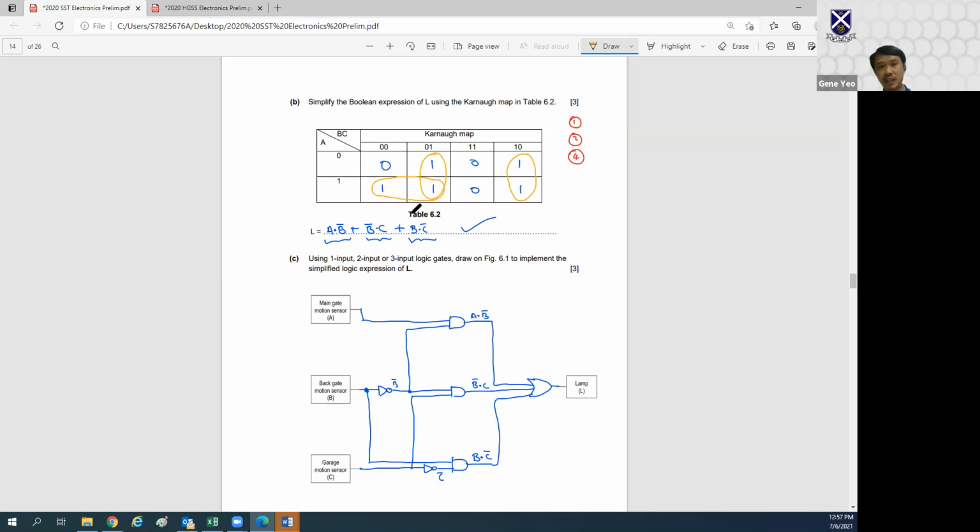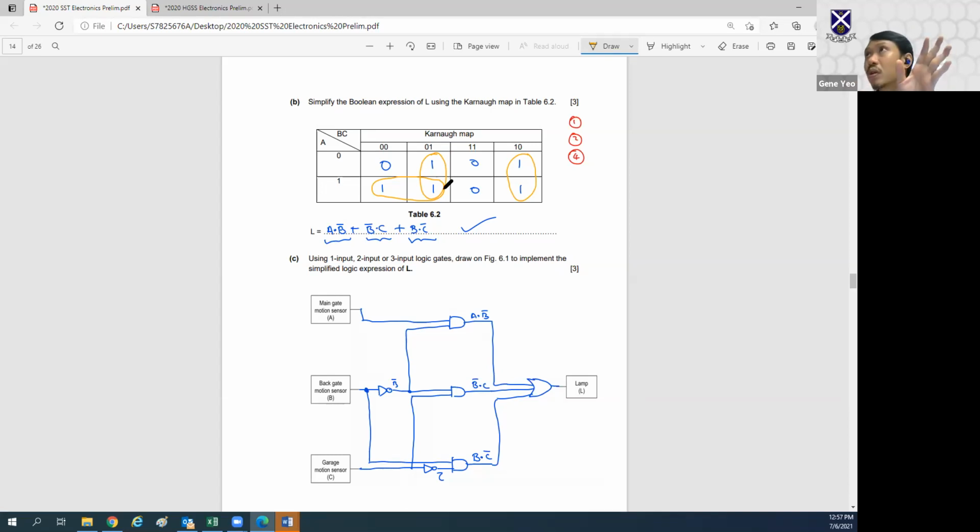Now then you'll be saying, hey, sir, you just told me to try not to group the one that has already been grouped, which is this. In this case, no choice, because in order to form a group of 2, I need to use the factor that's already been grouped. What I'm saying is that over here, all the ones are already grouped.